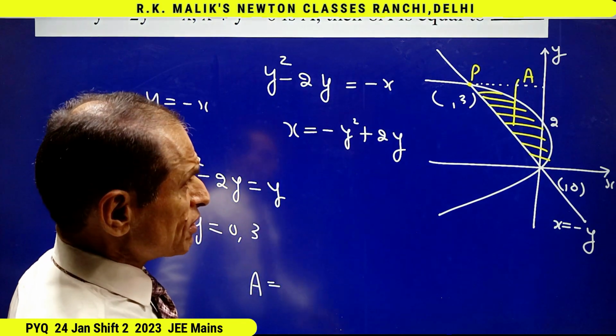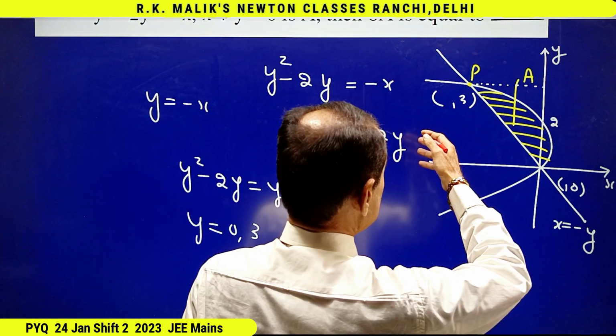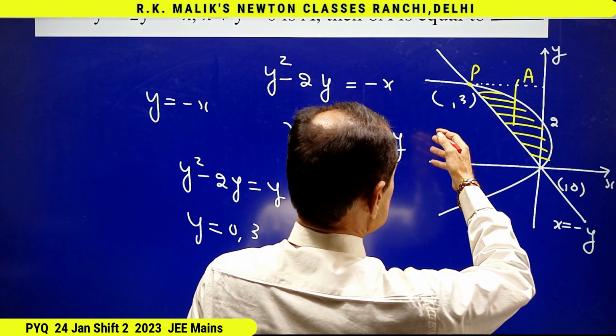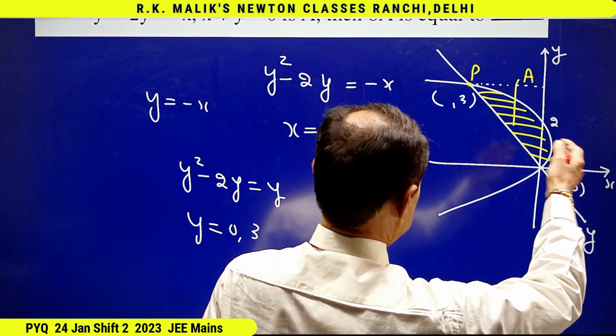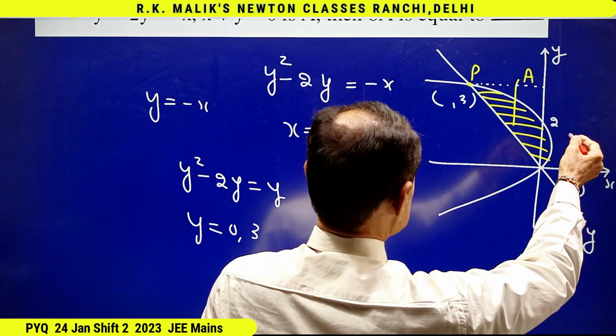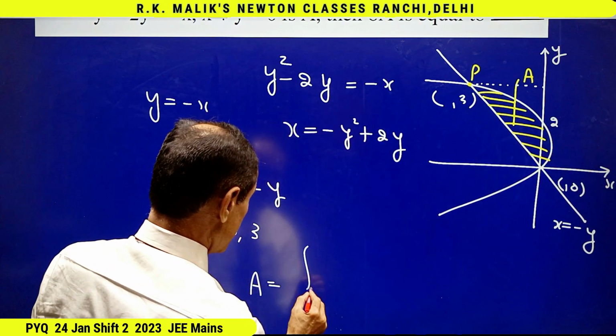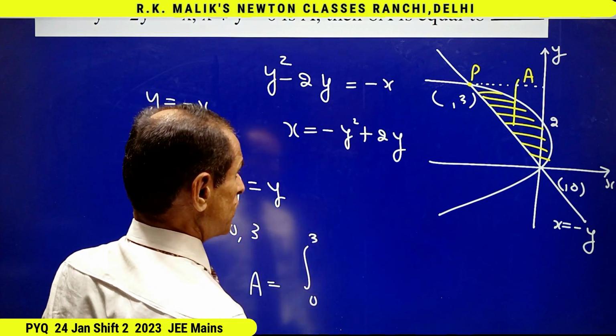And to find the required area A, it will be easier to look horizontally. If we look horizontally, this will be the upper curve and this will be the lower curve, therefore we will be writing the limits 0 to 3.